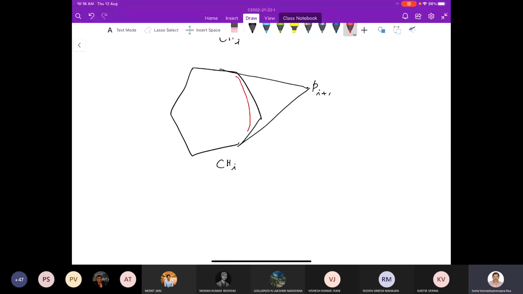There can be any number of vertices on this chain. Once you remove these vertices, they can't be part of the future convex polygons, CH_i plus 1 or CH_i plus 2, and so on. They don't appear again in the future.